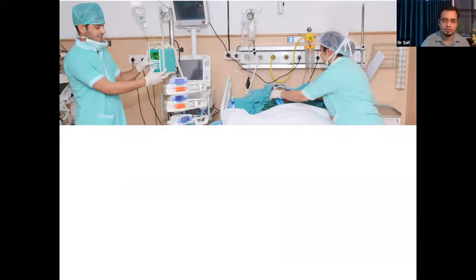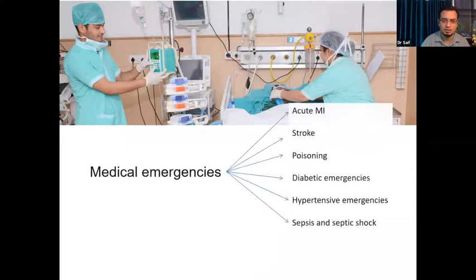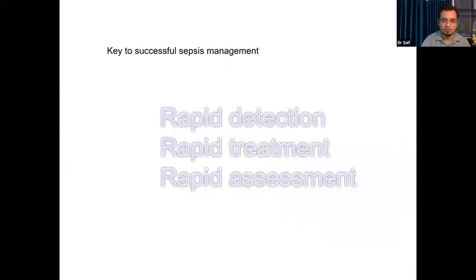So you all know that sepsis and septic shock is a medical emergency like acute myocardial infarction, stroke, poisoning, diabetic emergencies, hypertensive emergencies, etc. It means that we have to act very fast, because if we don't act fast, the mortality is very high, as you know.